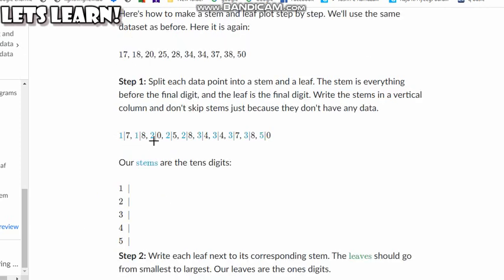So you guys can see how they have done it. First they have broken up the numbers into 2 parts, tens place and the ones place, and then they have seen which numbers are having the common digit in the tens place. Then they have taken the common digit out, that's 1 here, 2 here, 3. There is no number having the 4 in the tens place, but then I just told you, you have to follow the sequence.